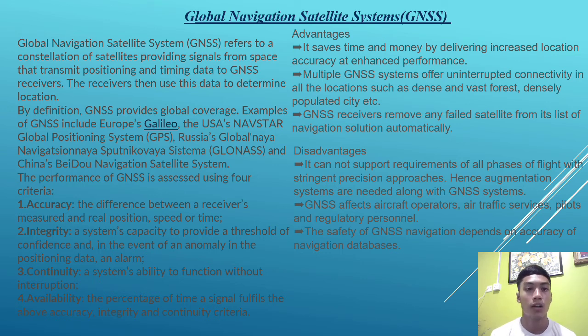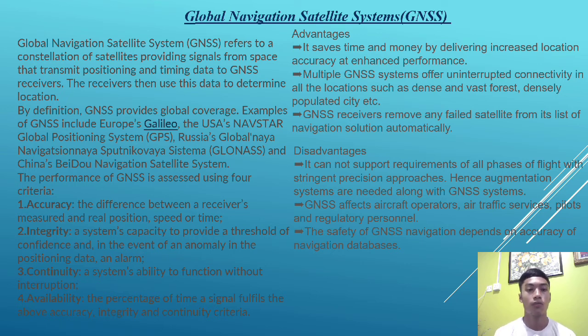Examples of GNSS include Europe's Galileo, the USA's Navstar Global Positioning System (GPS), Russia's Globalnaya Navigatsionnaya Sputnikovaya Sistema (GLONASS), and China's Beidou Navigation Satellite System.